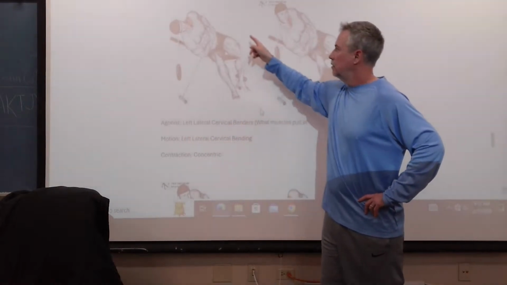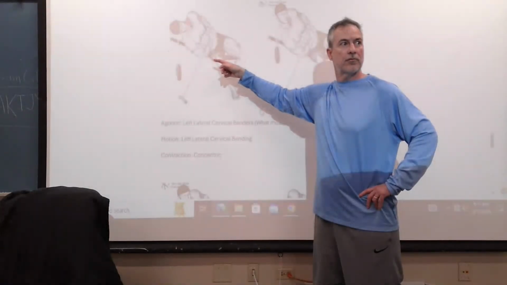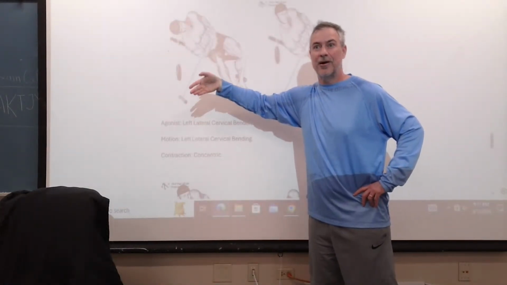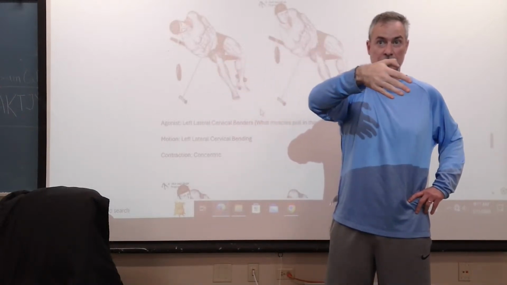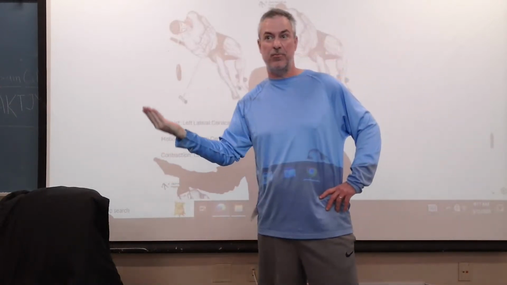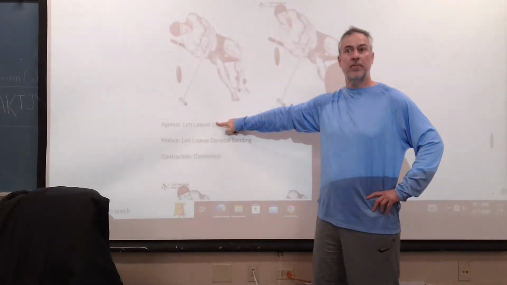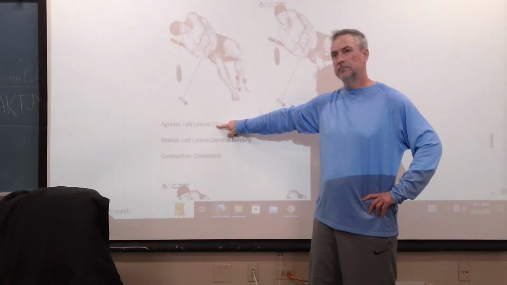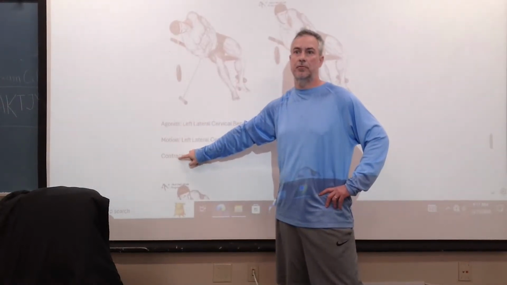What's the load or the weight trying to do while I'm left lateral cervical bending? It's trying to bend me to the right. So I had motion from those muscles that I had to make happen in the presence of an external force. So you could see this first, but you still have to come back to identifying the agonist. That's actually one. And then agonist in motion tells you contraction.